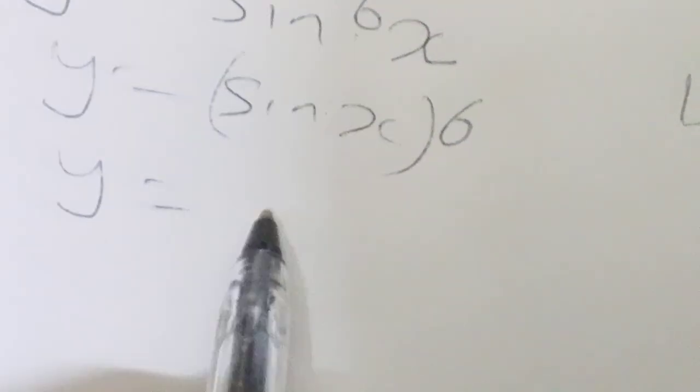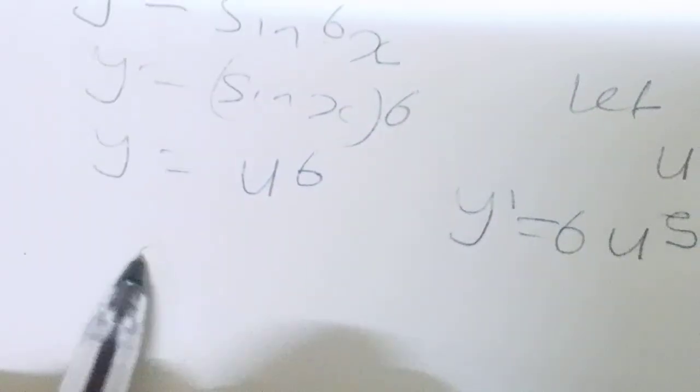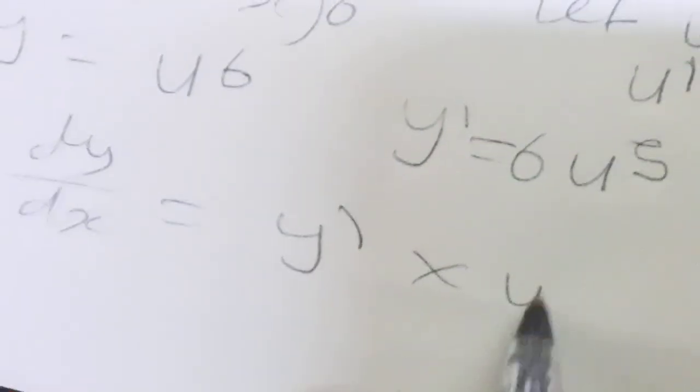Then we go back to the equation now. So y will be equal to, where there is sine x, you put u to the power 6. Then if we differentiate y, you're going to have 6u to the power 5. Now dy over dx is equal to y prime multiplied by u prime.